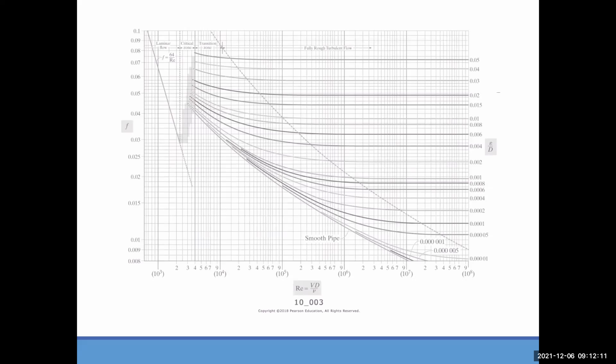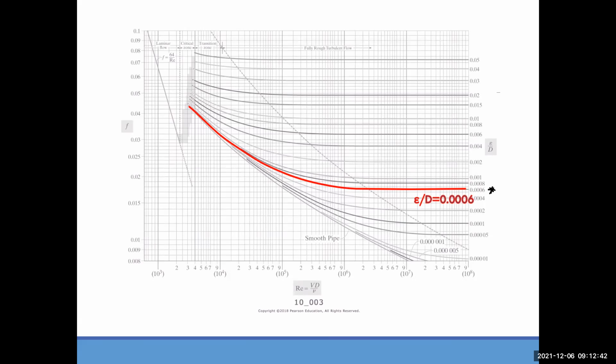Our first task is to find the 0.0006 line for epsilon over D, right? Let's check if we have one. We already have the 0.0006 line, which is good. You don't need to draw a new line. Just highlight that one.